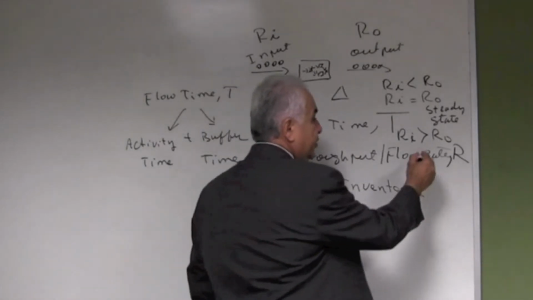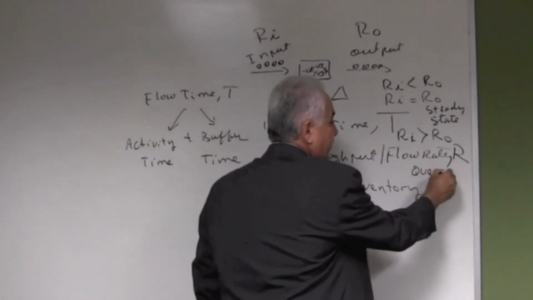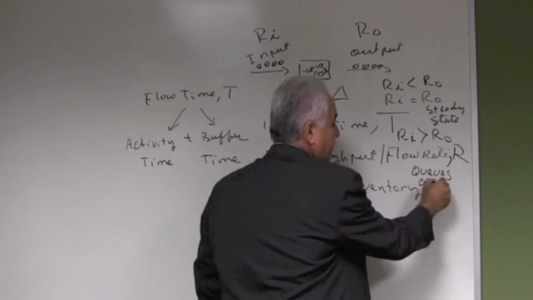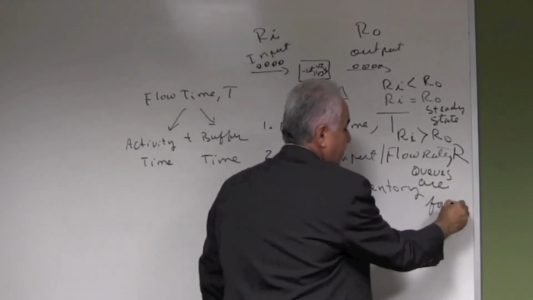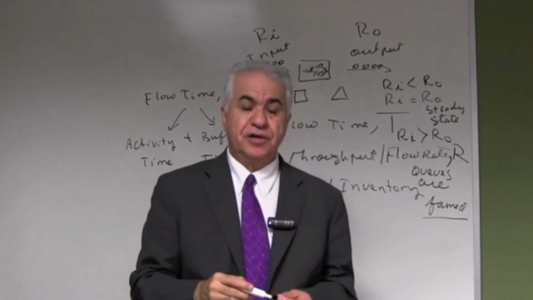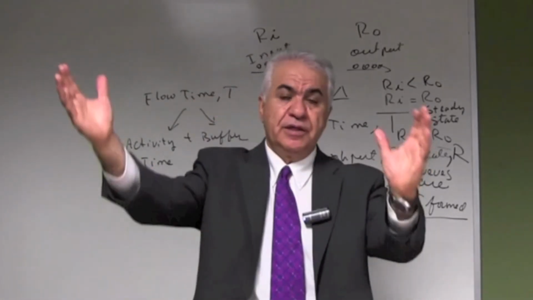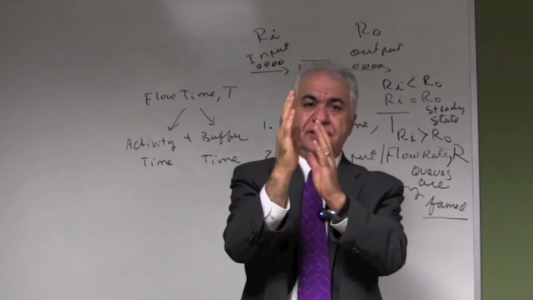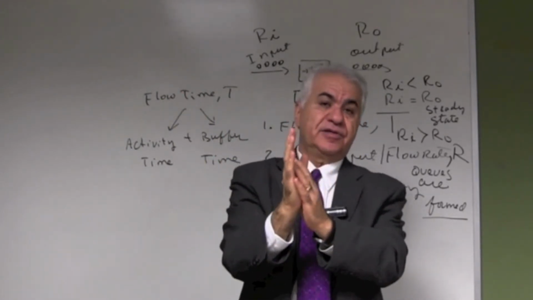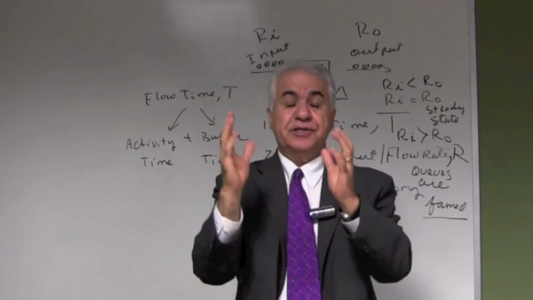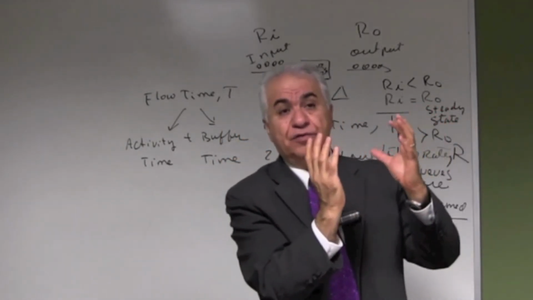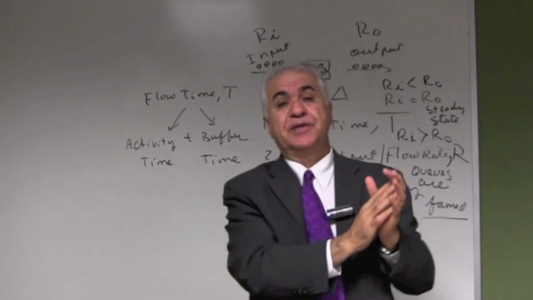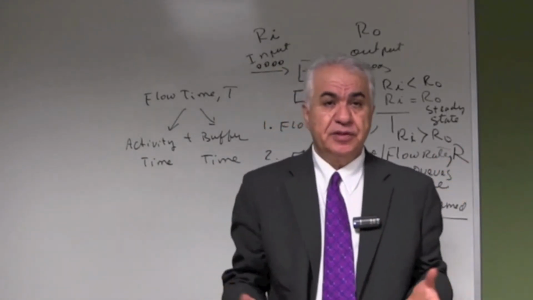In that situation, queues are formed. So if you have the number of customers entering a process, orders entering a process, and the number of units that enter per unit of time is greater than the number of units that flow through the process per unit of time, then we have queues.